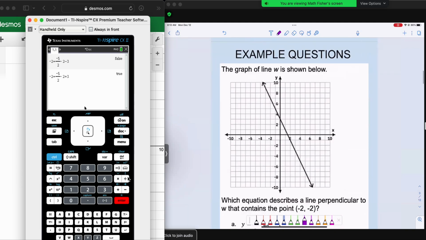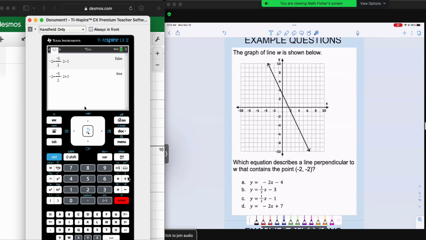So now let's try the next example. It says, the graph of the line W is shown below. Which equation describes a line perpendicular to W that contains the point (-2, -2)? I see the word perpendicular, and that means flip and change sign.